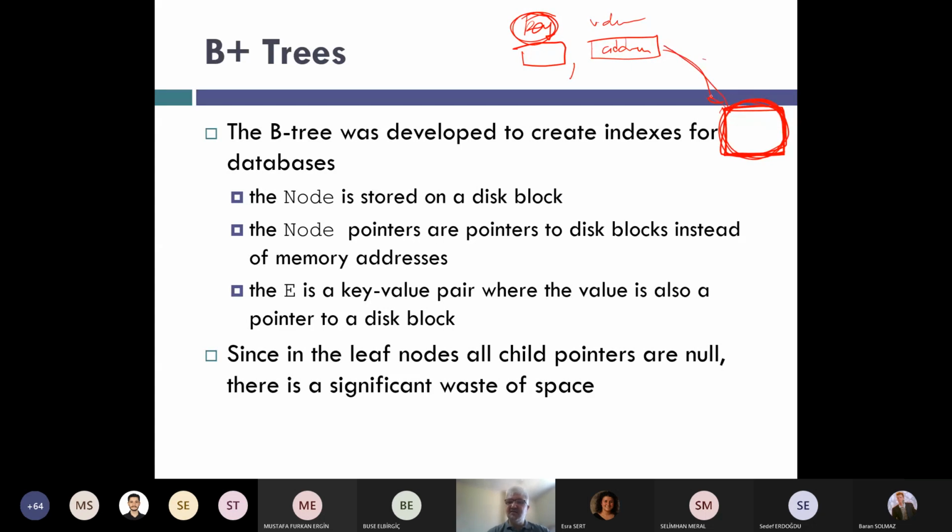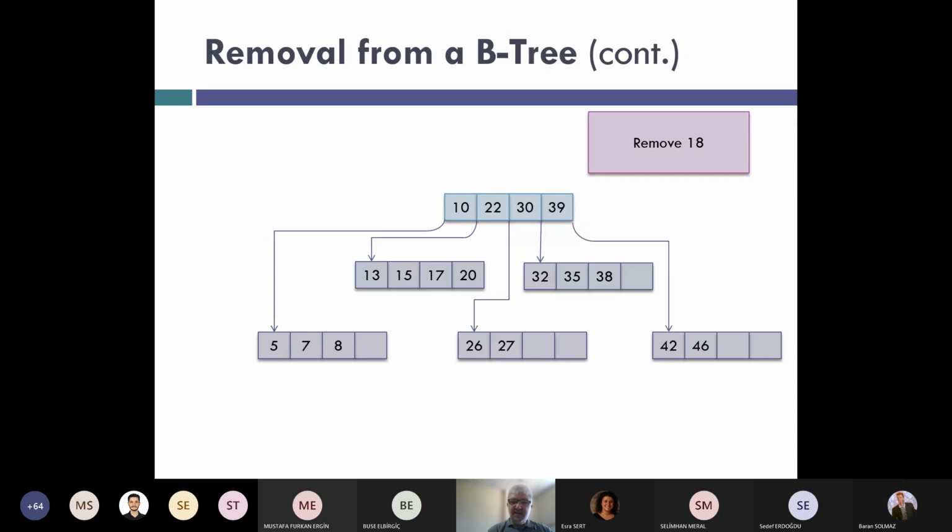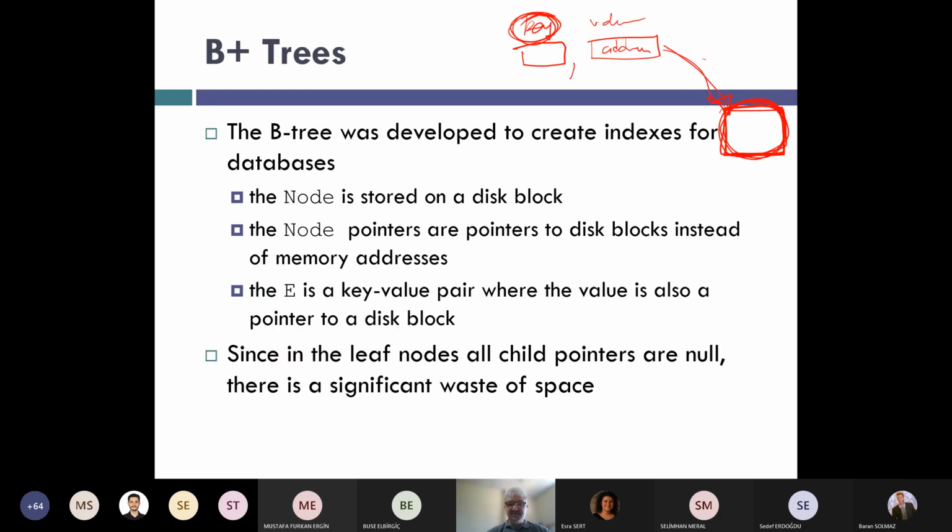We access that value by using this key index, right? The student number. So actually, each element that we store here should be a key value pair. Value is an address, right?